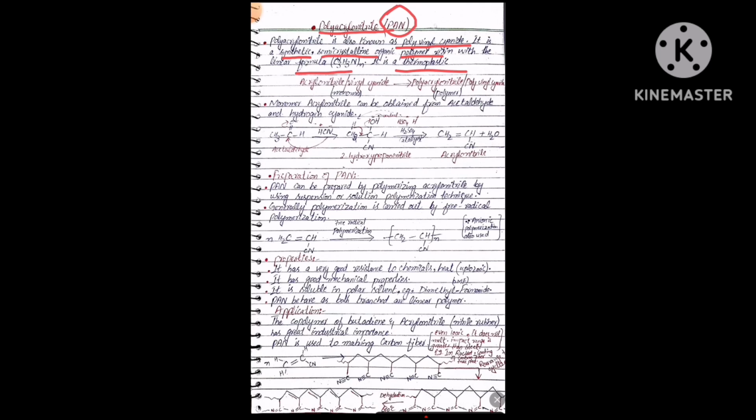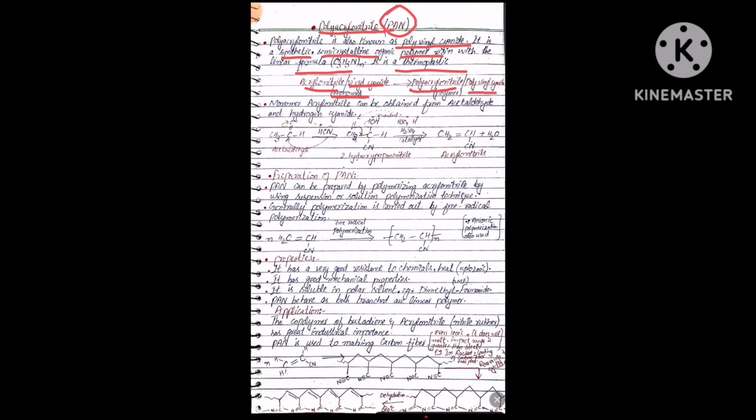The monomer of this polymer is acrylonitrile or vinyl cyanide. When it undergoes polymerization, it is converted into a polymer named polyacrylonitrile or polyvinyl cyanide.